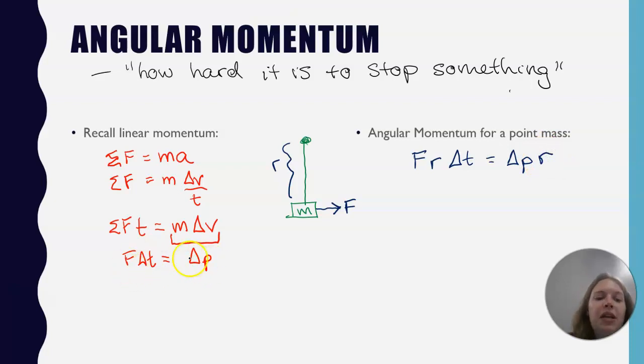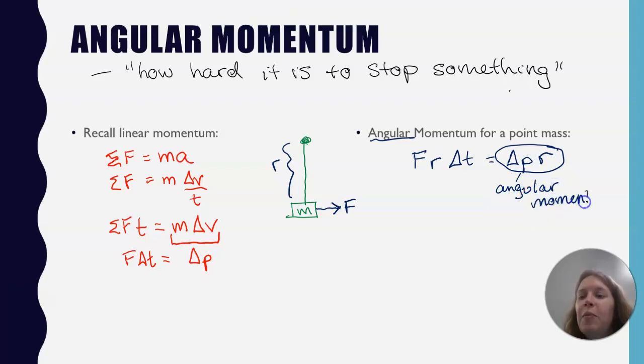So all I did between this equation and this equation was I multiply both sides by r. So that's adding the angular part. So we can define this as the angular momentum of a point mass.